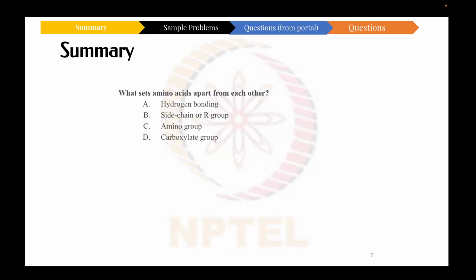So here I have one more question. What sets amino acids apart from each other?